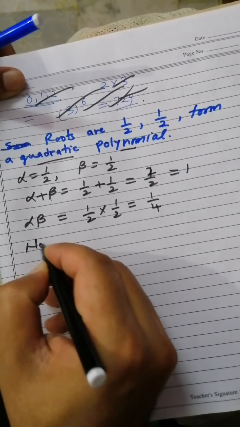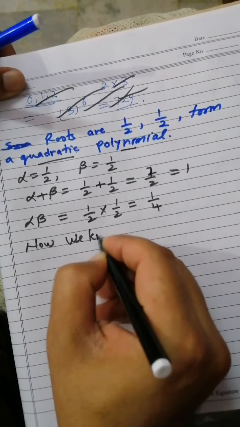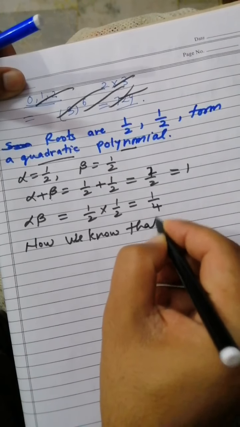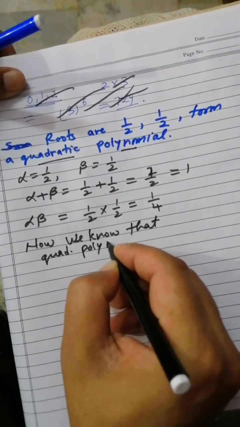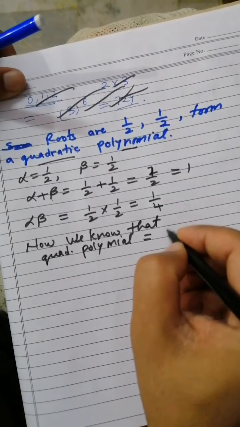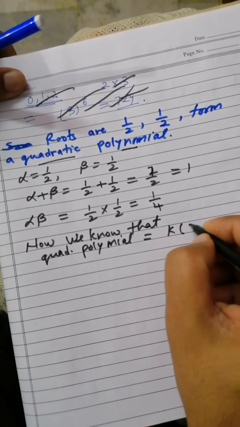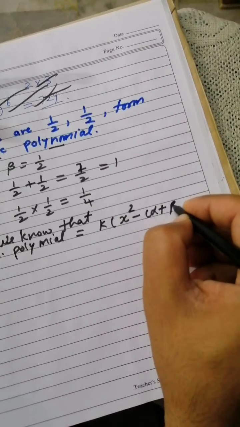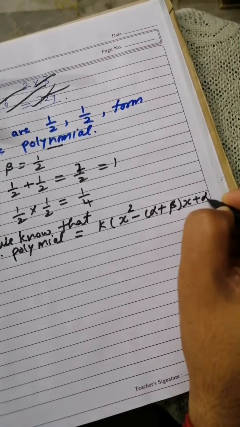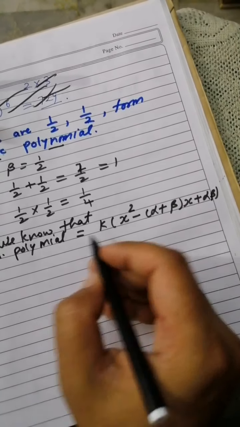Now we know that the quadratic polynomial equals to k into x square minus alpha plus beta into x plus alpha beta. That is the condition for quadratic polynomial.